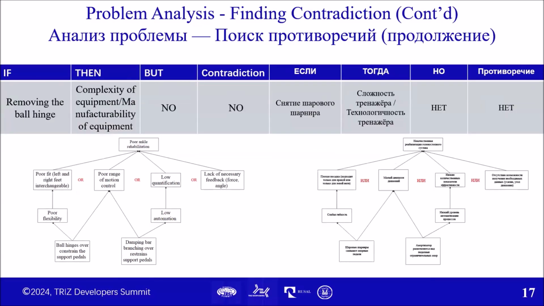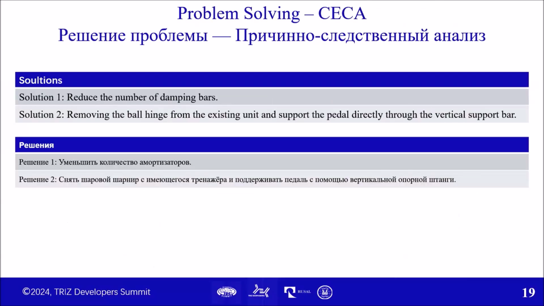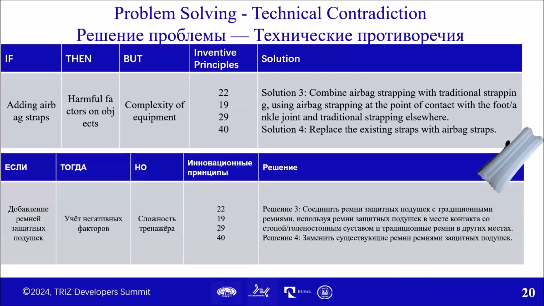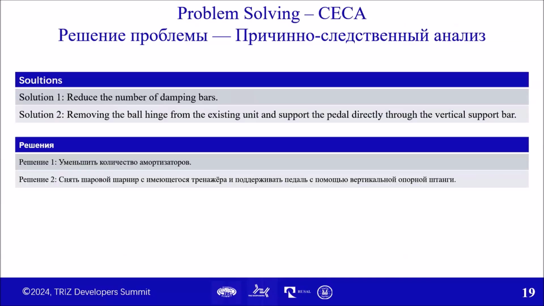In this process, we got two solutions based on the above a number of contradictions. The first one is to reduce the number of damping bars. The second one is removing the ball hinge from the existing unit and connecting the support pedal directly through the vertical support bar.